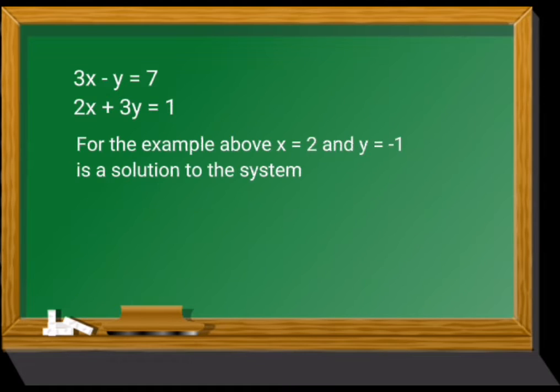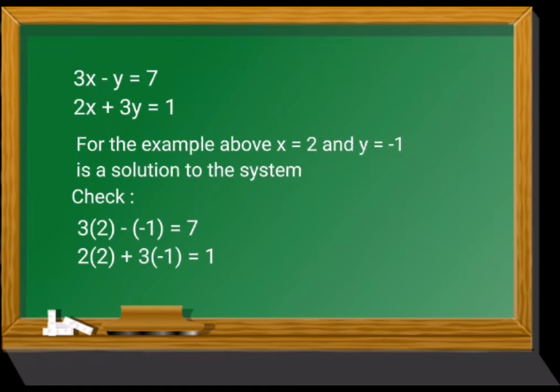For the example above, x equals 2 and y equals negative 1 is a solution to the system. This is easy enough to check.